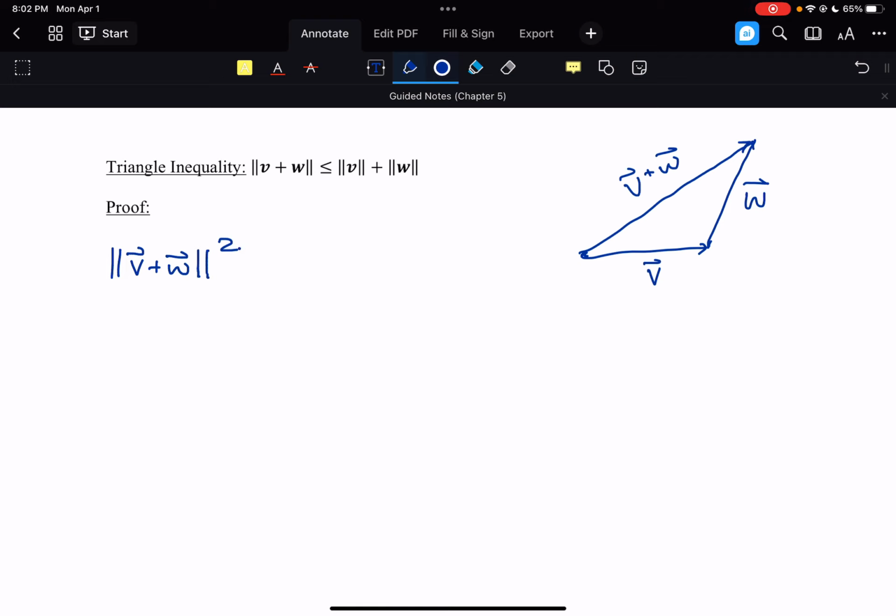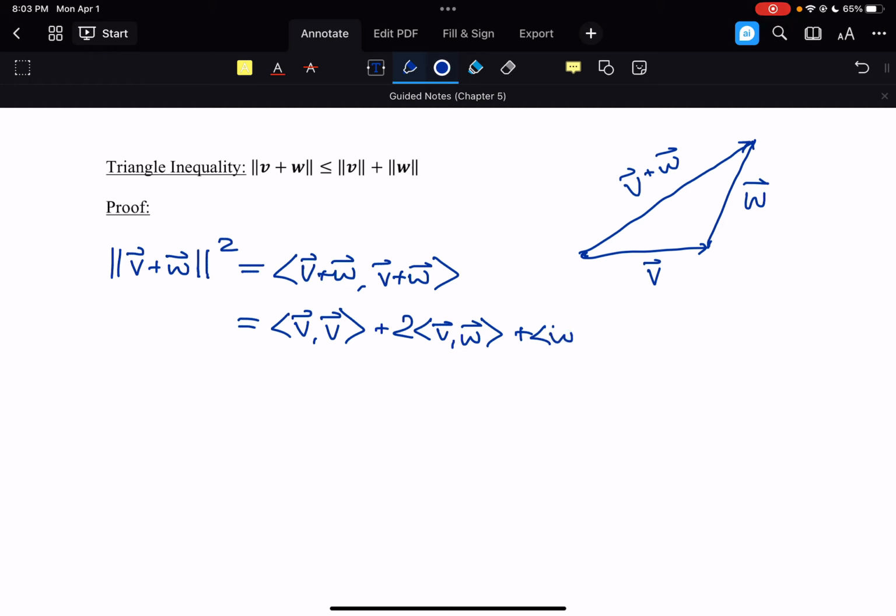So we'll just start with it squared, but you could absolutely still do the proof without the square there. But this gives us the inner product of V plus W with V plus W. That expands out or foils out, if you like, to inner product of V with V plus 2 inner product of V with W plus inner product of W with W.